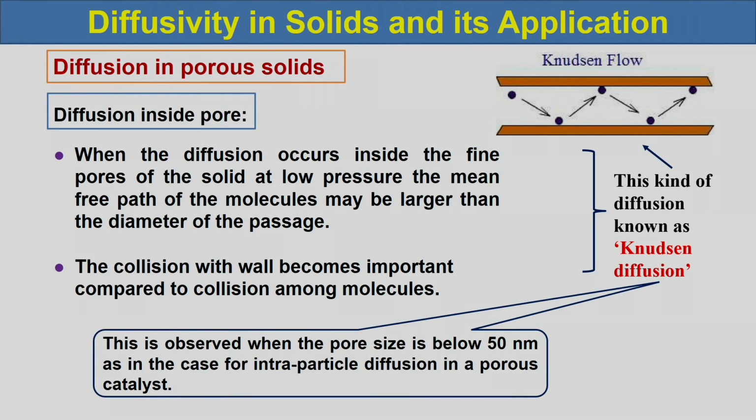So, this is observed when the pore size is below 50 nanometer, as in the case of intraparticle diffusion in a porous catalyst. So, when the diameter of the pore is smaller than 50 nanometer, Knudsen diffusion becomes predominant.